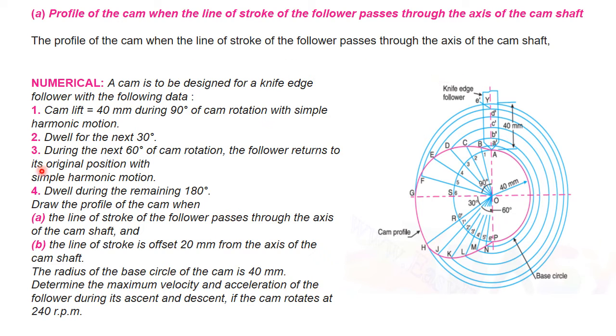That numerical was discussed in the last video, video number 12: how to draw the cam profile when the knife edge follower passes through the center of the cam, and its motion is just like simple harmonic motion.